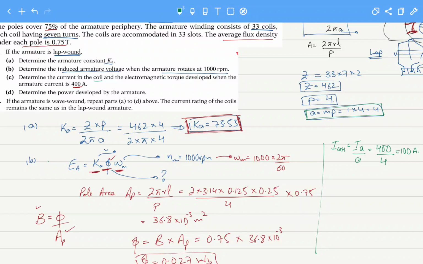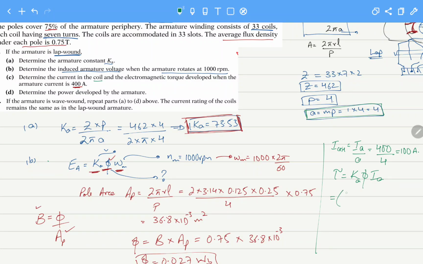And then it asks about the torque. The torque induced in the machine is equal to Ka phi Ia. We have calculated the flux, we have calculated the machine constant, and they have given us the armature current.